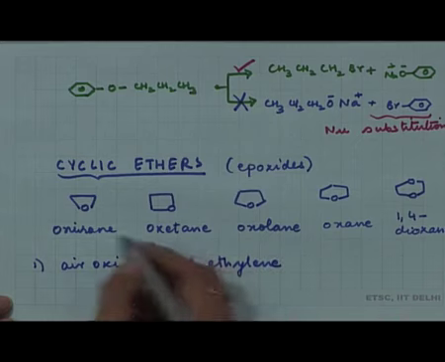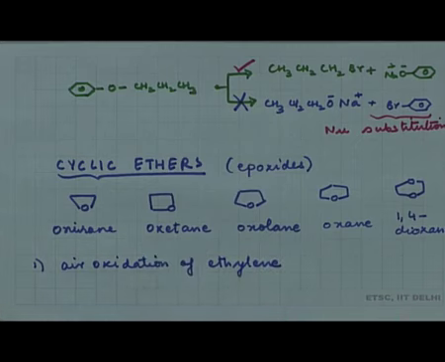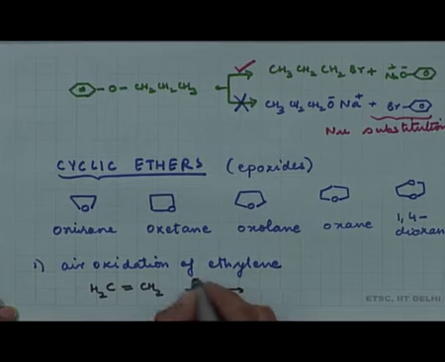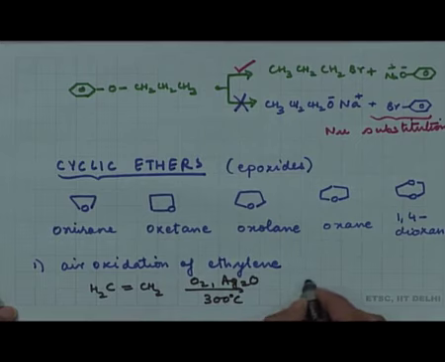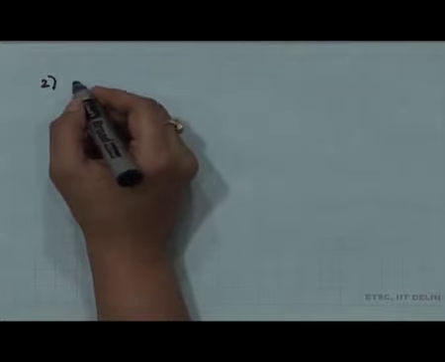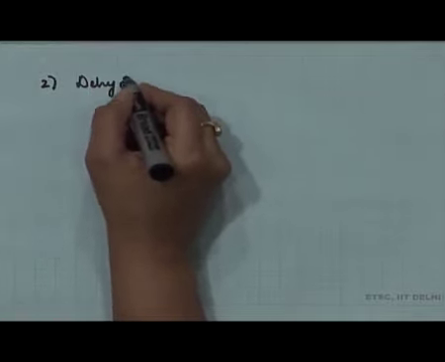So, when you want to prepare a 3-membered oxirane type of ring, the simplest way is you carry out the aerial oxidation of ethylene or ethene in the presence of silver oxide as the catalyst at 300 degrees centigrade, when you get the corresponding ethylene oxide as your product. Okay. Another method for making the larger cyclic ethers would be by dehydration of diols.